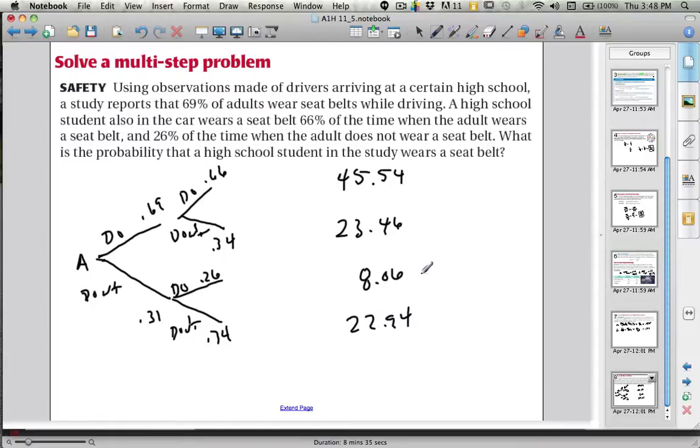And if you look at these two are going to add up to be the 31%, and these two are going to add up to be the 69%.